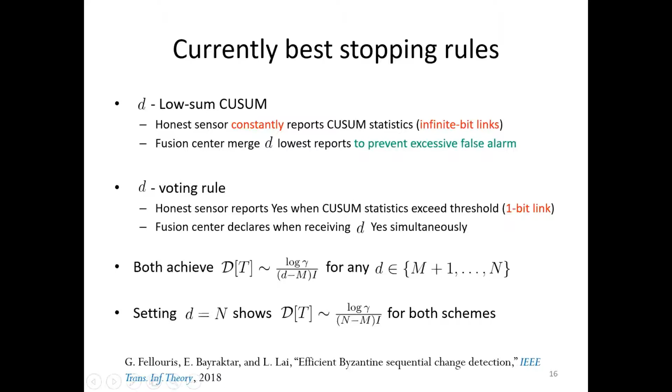Okay, and again, the D here is something we can design. Okay, and they show that both the D lowest sum CUSUM and the D voting rule achieve the same scaling of this. Okay, so that is log gamma divided by (D minus M) times I. And then D can be anything in this set. All right, so you can see that the best scaling is that we set D equal to N, and that shows that this scaling is possible.